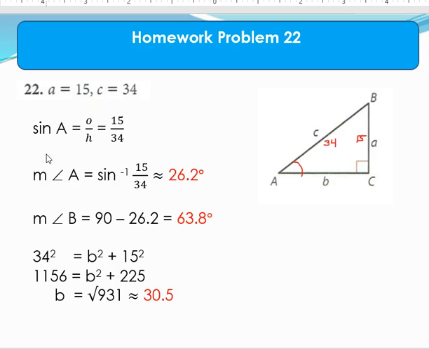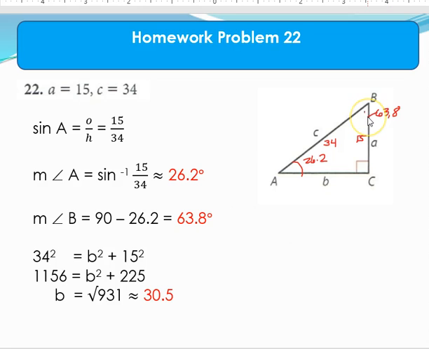Now we go to the measure of angle A, which will be inverse sine of 15 over 34, which is approximately 26.2. So this will be 26.2. And you can use inverse sine also for the measure of angle B, or you can subtract from 90 degrees and you will get 63.8.